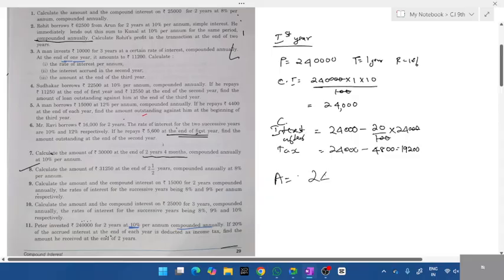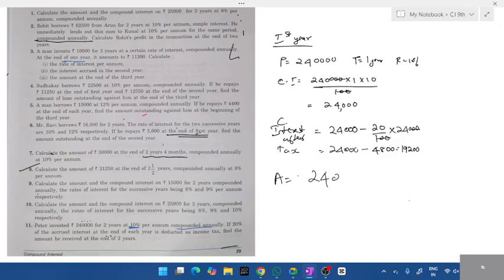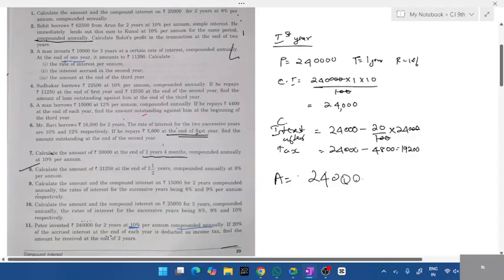Amount is equal to 2,40,000 plus 19,200.